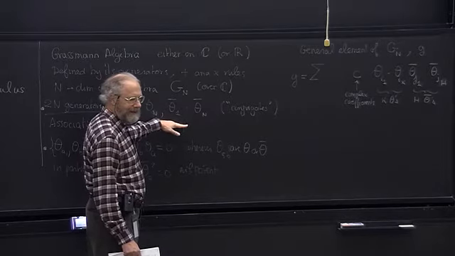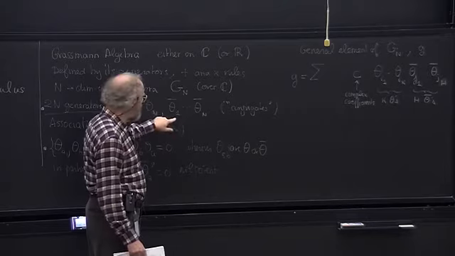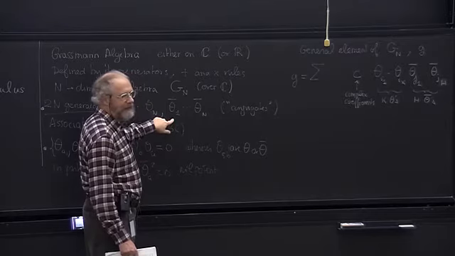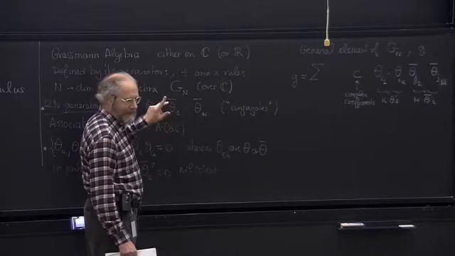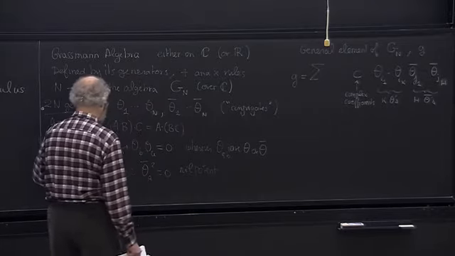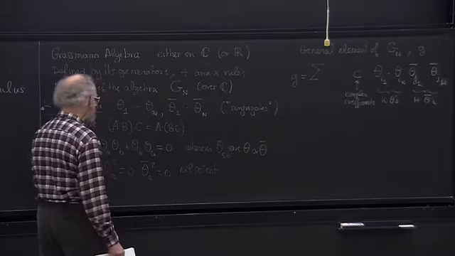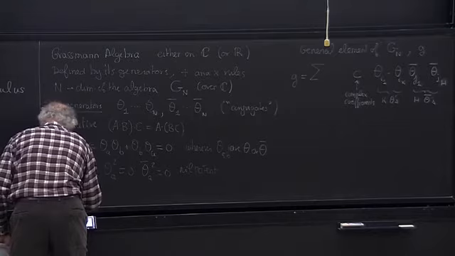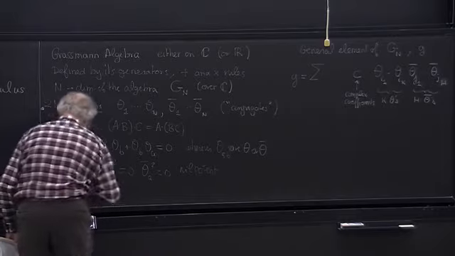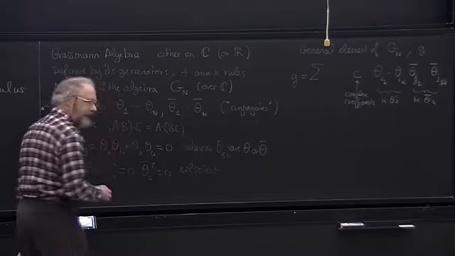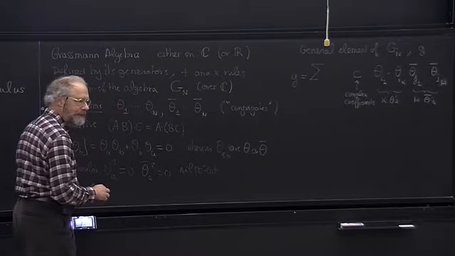It's true that theta 1 and theta 1 bar are conjugate, but in the sense of a conjugation law, an operation that we have not yet defined. They do anticommute. That's what I said: theta I and theta bar G anticommute, including whatever I and G are.